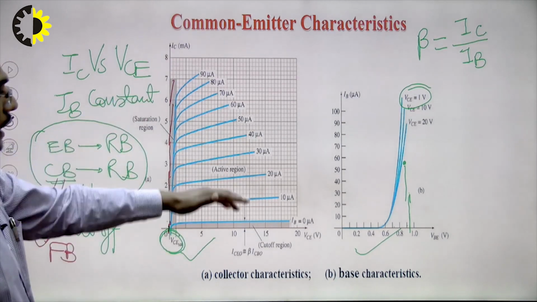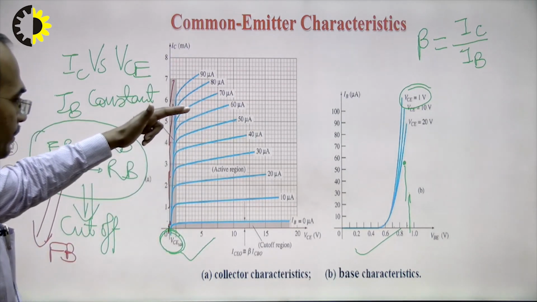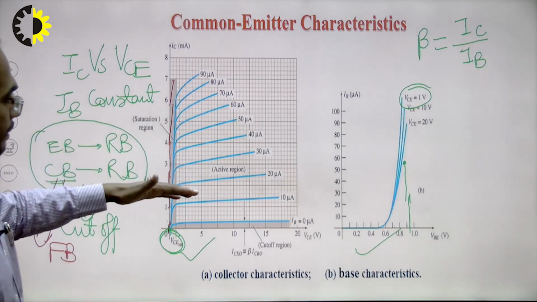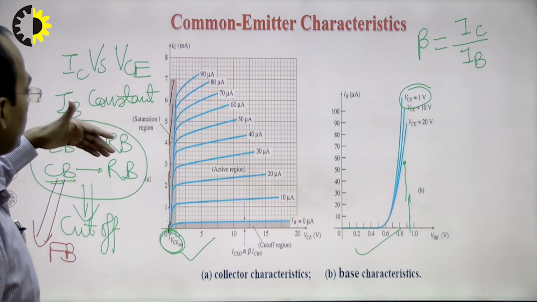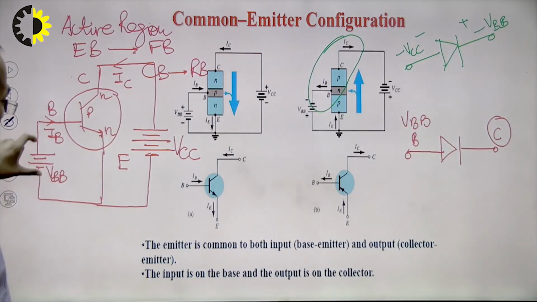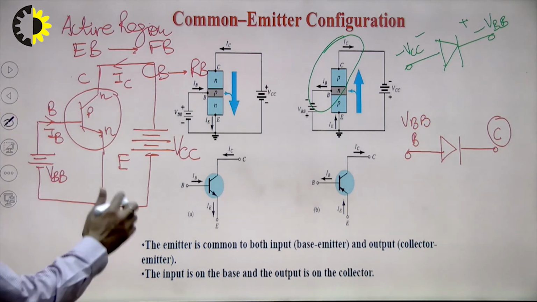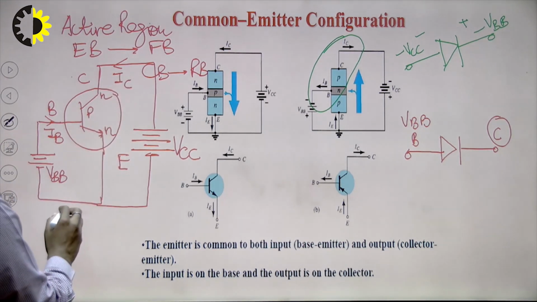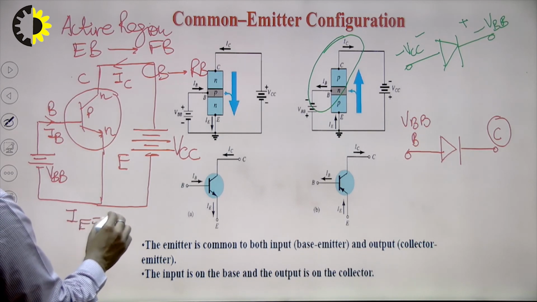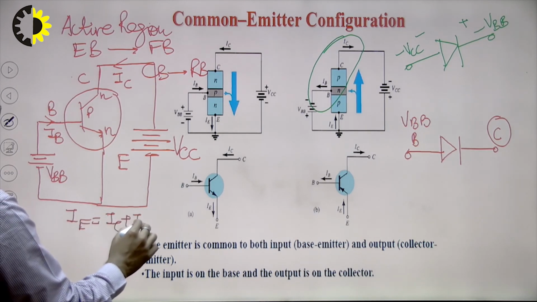Now I will increase the value of Ib, that is, we are increasing the base current. In this circuit, IE is nothing but IC plus IB.